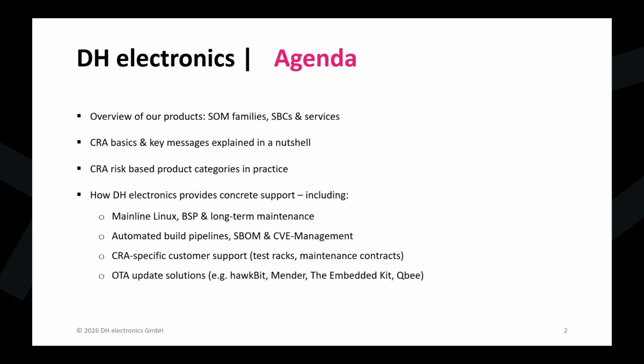And finally, we will show how 𝗬𝗏 provides concrete support for CRA compliance, including mainline Linux BSPs and long-term maintenance, automated build pipelines, SBOMs, and CVE management, CRA-specific customer support, and OTA update solutions. So the goal is to provide practical guidance on how to understand and implement CRA requirements correctly and sustainably.